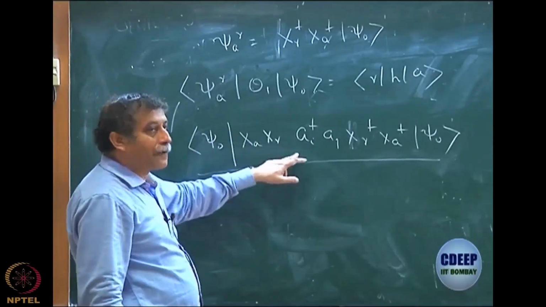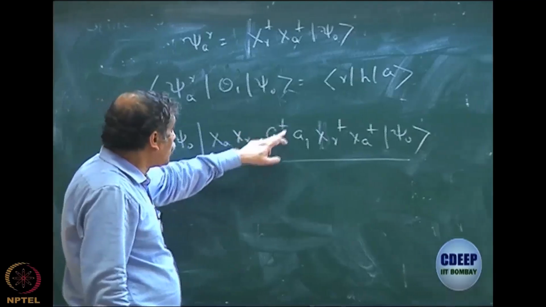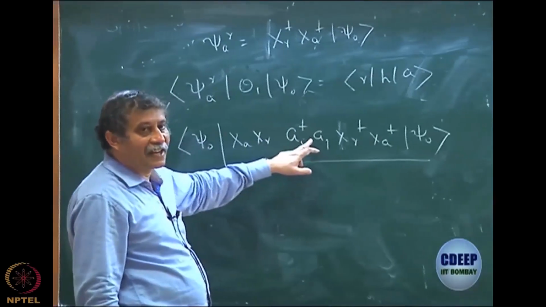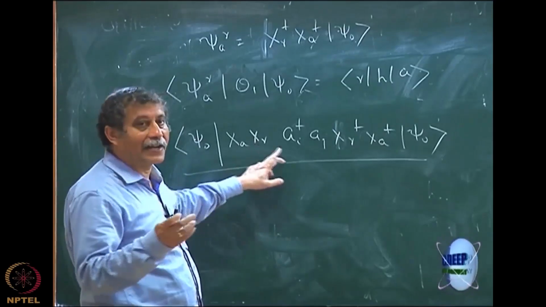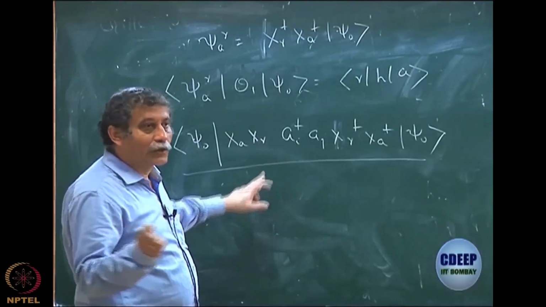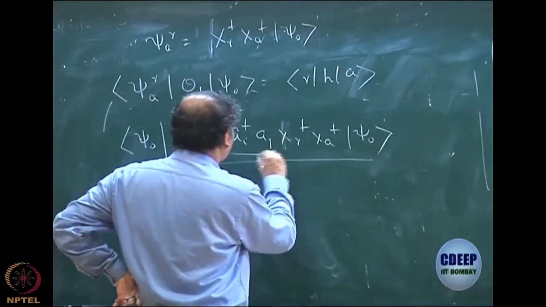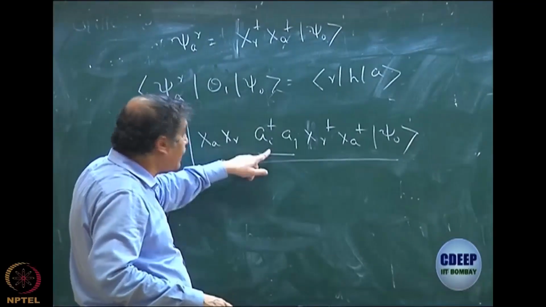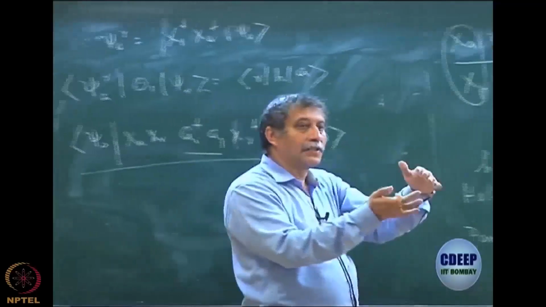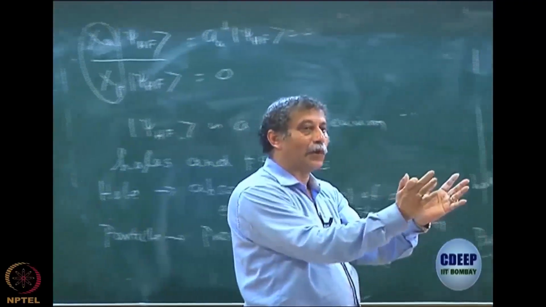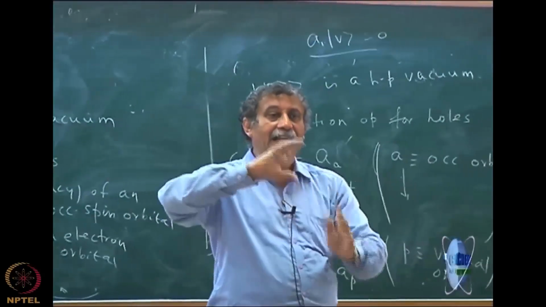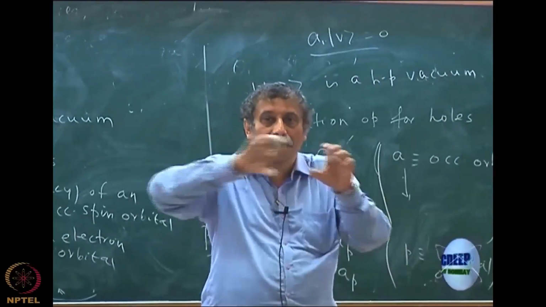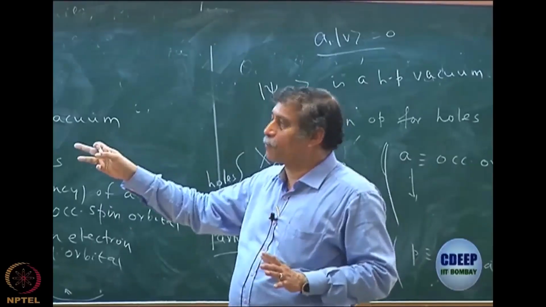Now, again you have to be careful here, because these are ordinary creation annihilation operators, and these are holes and particles. So, you can't use an anti-commutation between X and A. You have to write this in terms of creation annihilation operators by dividing this ij between holes and particles. So, I can be a hole, I can be a particle, J can be a hole, and J can be a particle, and then write in terms of X, so that everything will become in terms of X, and then use anti-commutation relations.